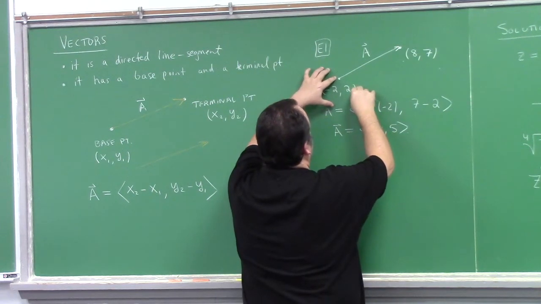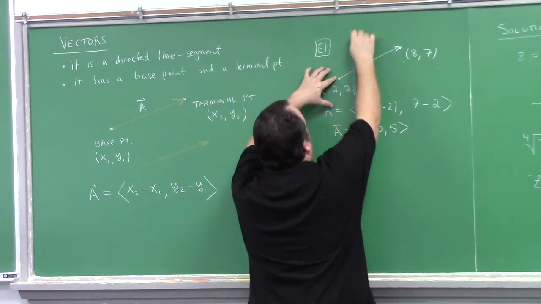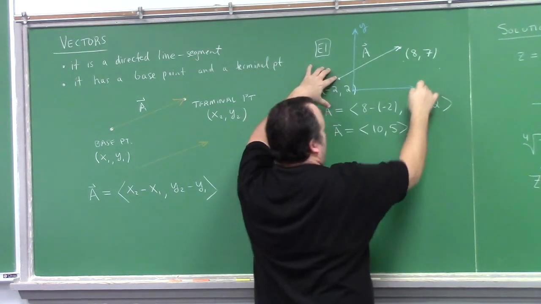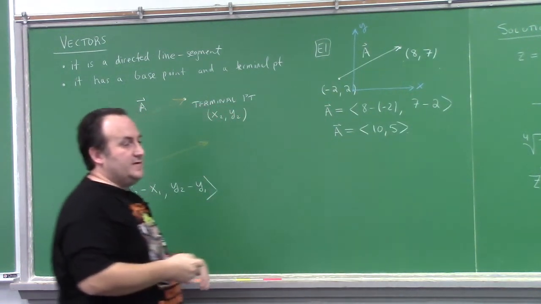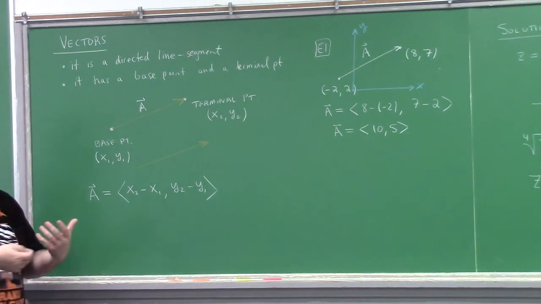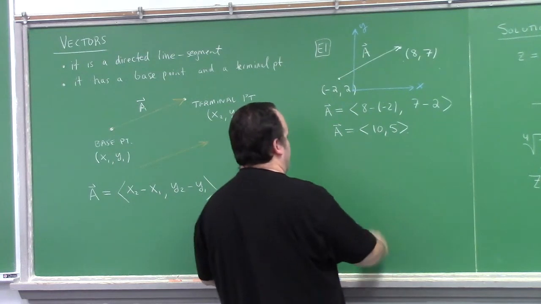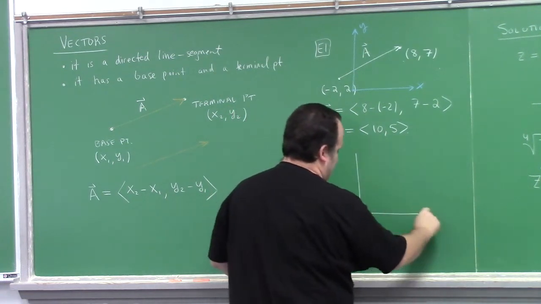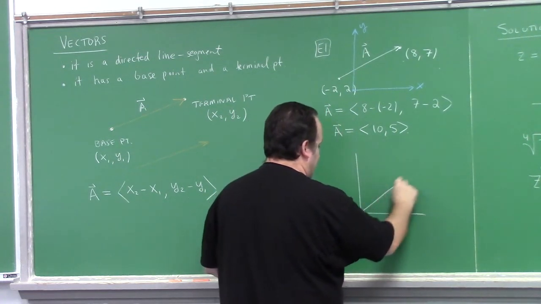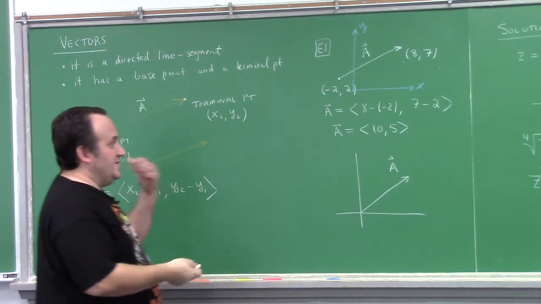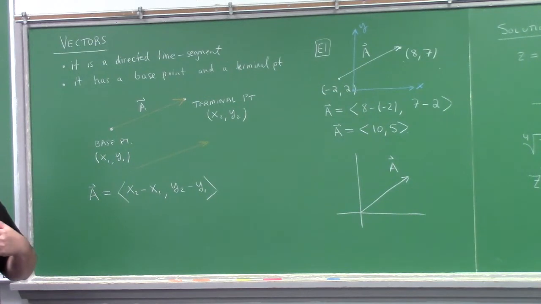So clearly that vector is not based at the origin. But if you like, we can always take that vector and move it down to the origin. We can change the base point to the origin.